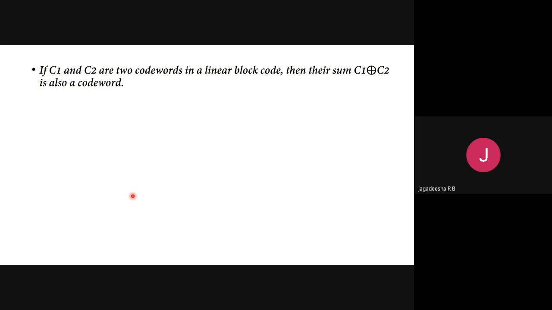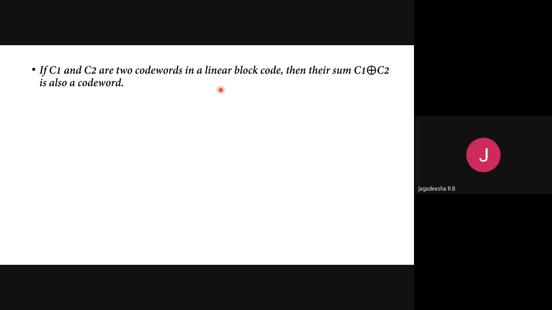Okay, now let us move on to another property here. If there are two code words, C1 and C2, in a linear block code, then the sum C1 plus C2 is also a code word. This property comes from the very definition of linear block codes. That's the linear property, right?